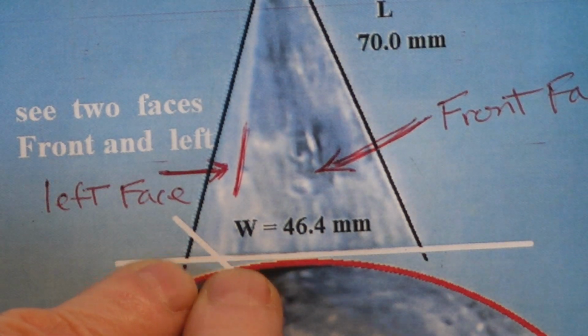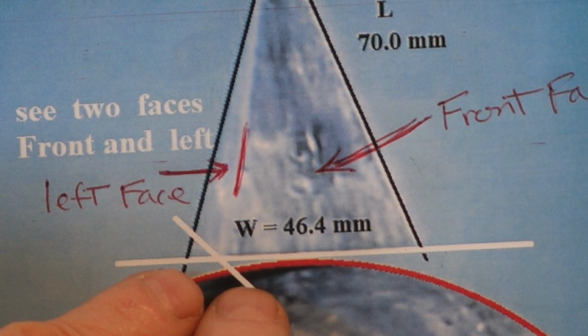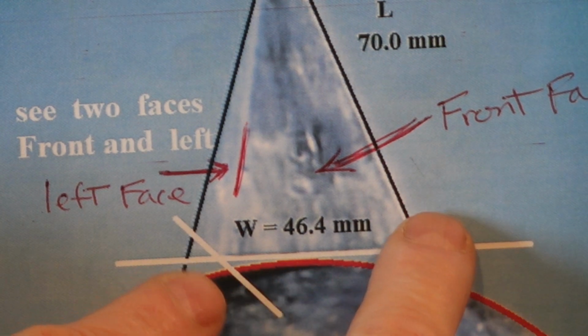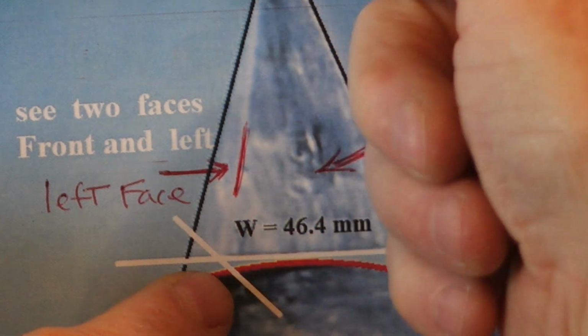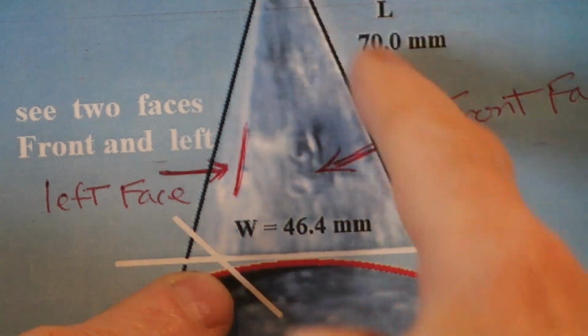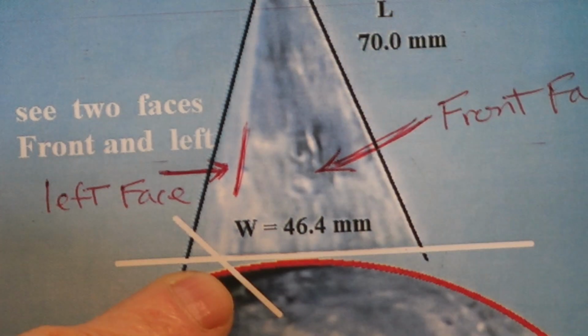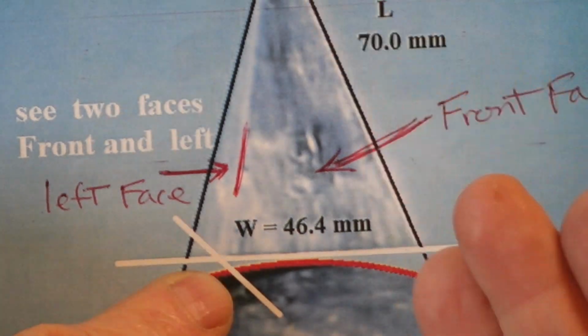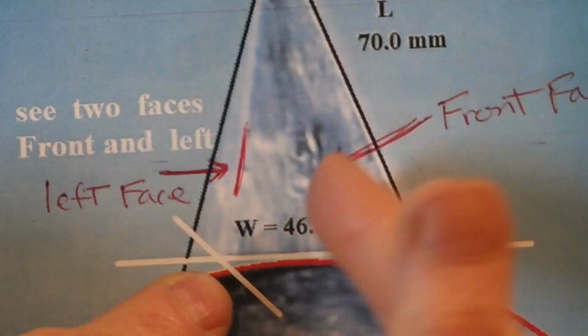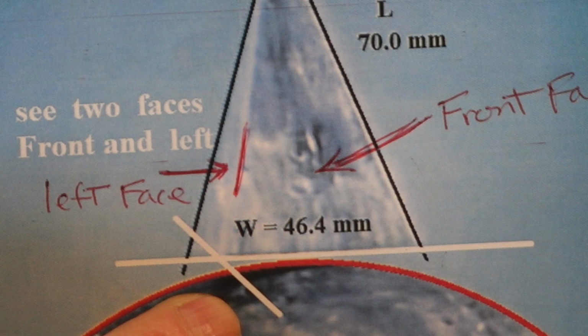So the way that the angles are, I cannot see that there would be just a single face behind here. There's going to be two faces. There'll be one slanted in off this edge and then another one connecting to this edge here.